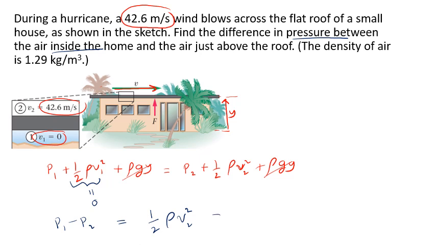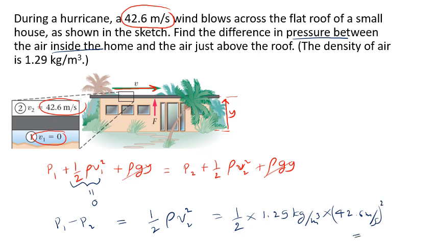If I substitute the numbers, rho is the density of the air, which is given as 1.29 kilograms per cubic meter, multiplied by the speed of the wind, given as 42.6 meters per second, and here we have to take the square of that value.